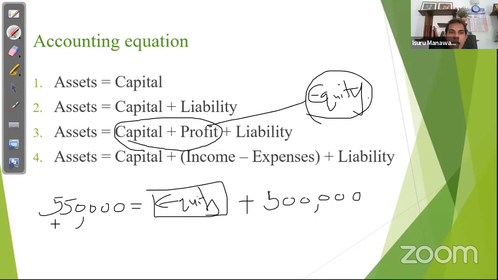Asset 550, equity is not given, then liability 500,000.